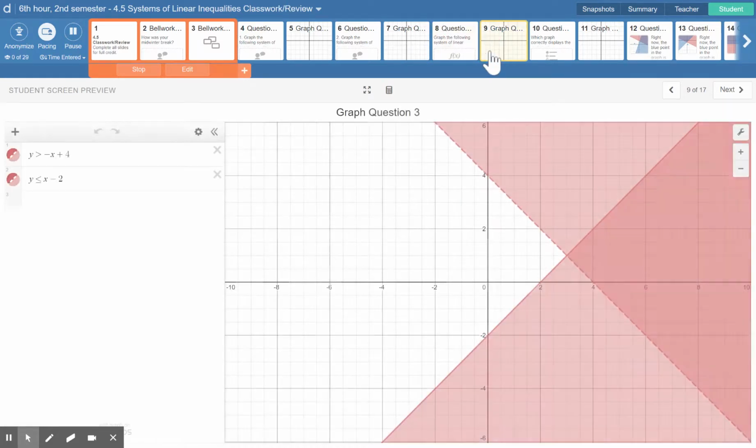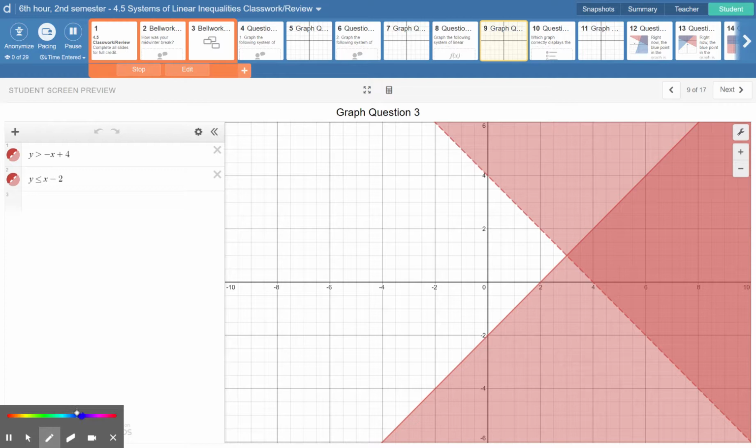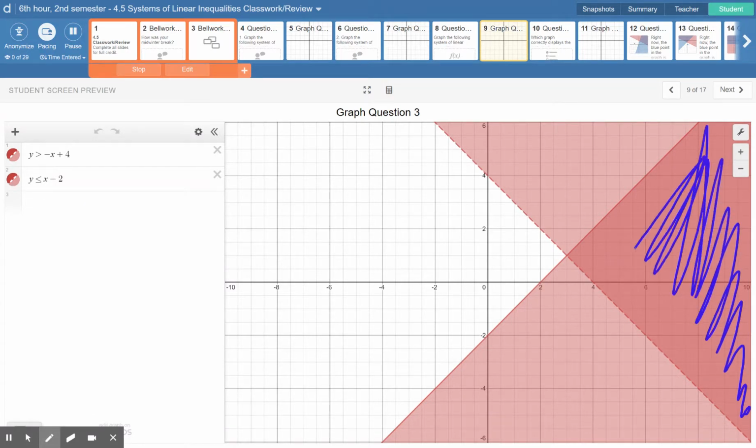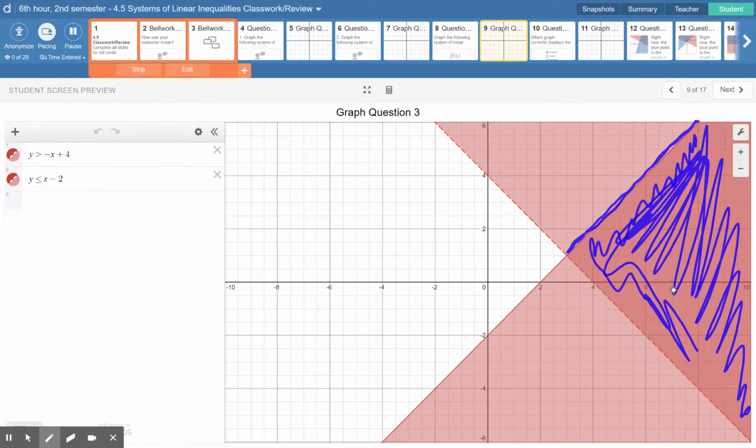Okay. So you want to pick any ordered pair that is in this region, in the double shaded region. I recommend staying away from the line, but since this line is solid, any ordered pair that's located here, because it's touching the double shaded, would be a solution.